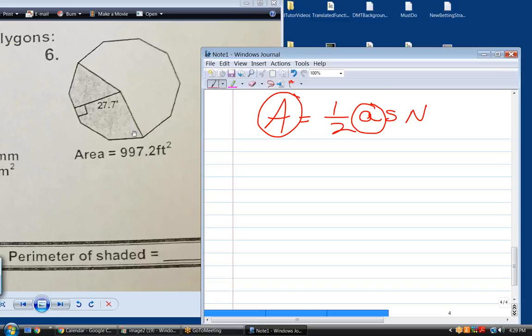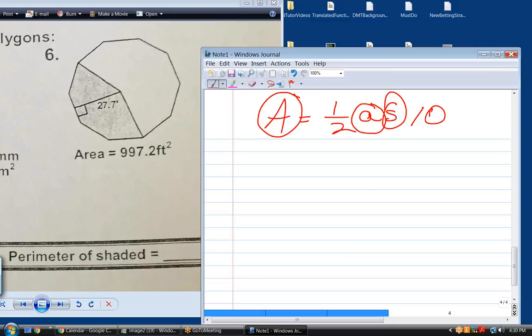So I'm going to need to figure out an S. In other words, just knowing S times N isn't going to do any good, and we don't have it anyway. They did not give us the perimeter of the figure. We can count the number of sides. We got 1, 2, 3, 4, 5, 6, 7, 8, 9, 10 sides. So we can substitute 10 for N.